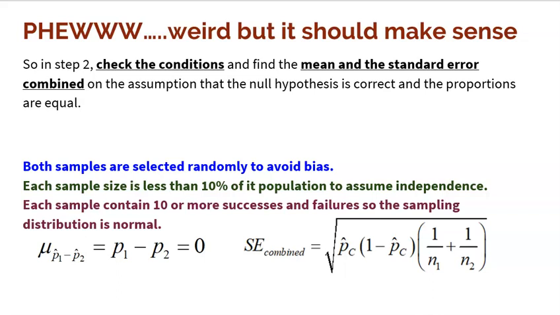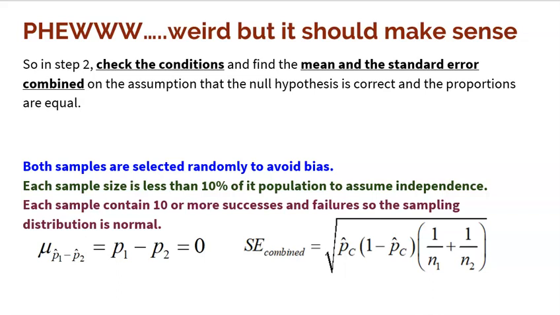What do we expect our difference to be if they're the same? Well, 0. Then we need that standard error combined, which does involve this p hat c, this combined sample proportion. Listen, I've taught this class long enough. I get that seems a little bit weird, but once we get into an actual example in 6.11, it'll actually make a ton of sense, and you'll see how easy it is. It's not that difficult of a thing to deal with.